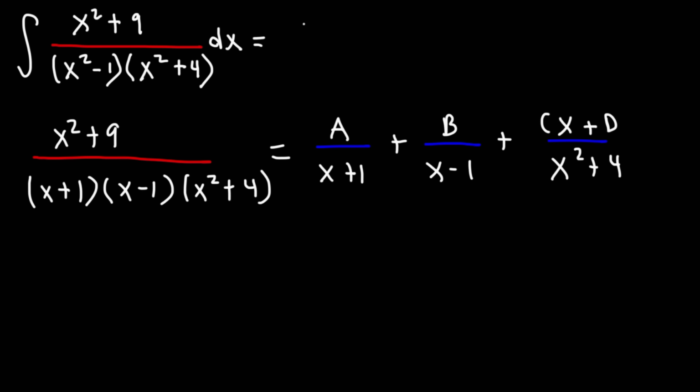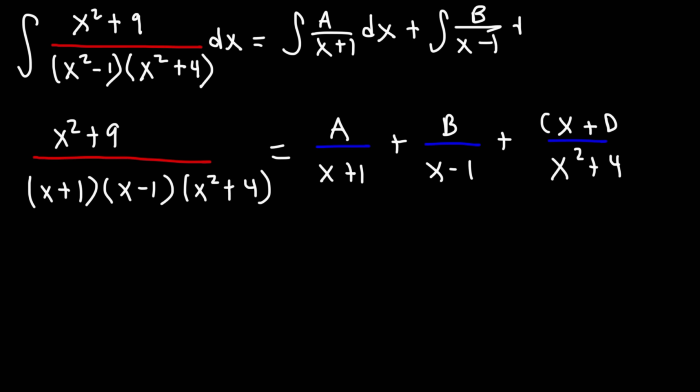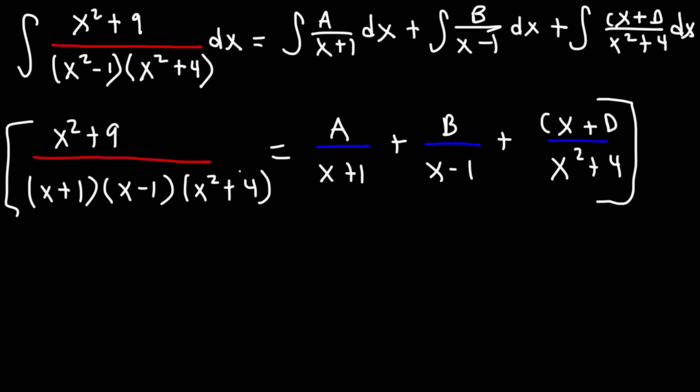Now on top we can write this as the integral of a over x plus 1 dx, and then plus the integral of b over x minus 1 dx, and then plus the integral of cx plus d over x squared plus 4. Now let's multiply both sides of the equation by this denominator here.